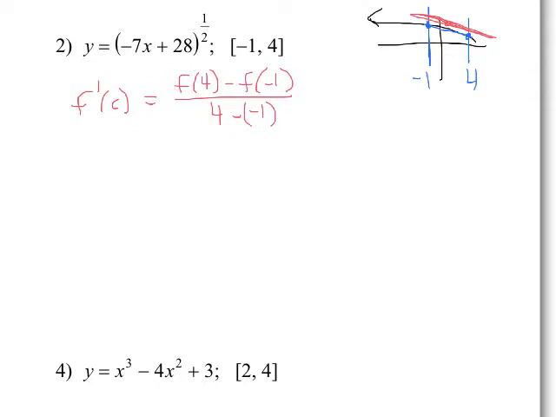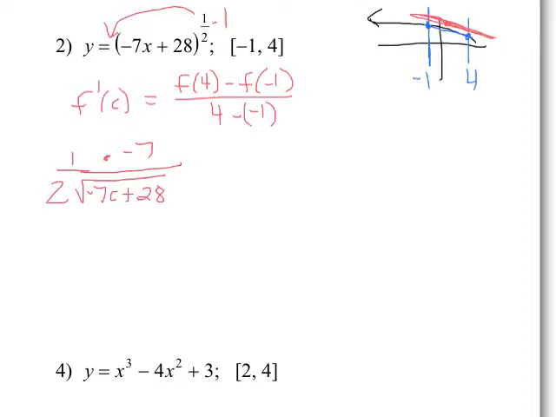So if we want to find f prime of c, we need to find out what f prime is. That's going to be 1/2 times 1 over the square root of -7c plus 28, times -7. Okay, so there we have our derivative. I brought the 1/2 down in front, and then I subtracted 1, giving me the root in the denominator.